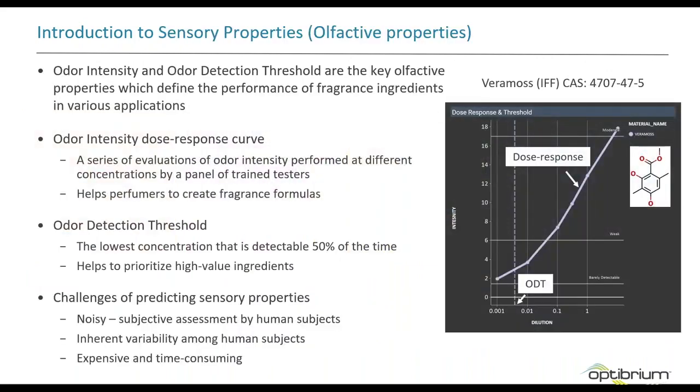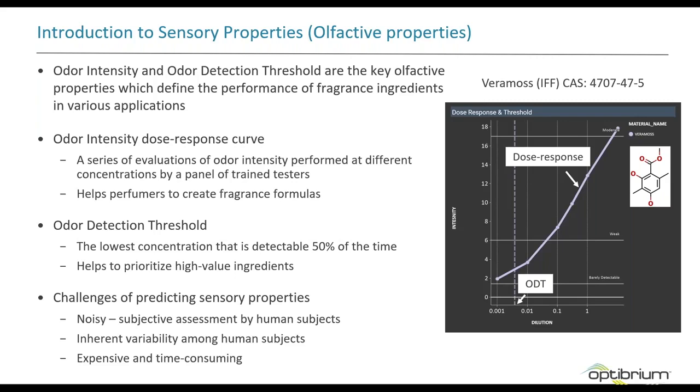So today we'll focus on one scent-related application, and specifically we ask the question of prediction of 2 key olfactive properties, the odor intensity and the odor detection threshold for fragrance ingredients.